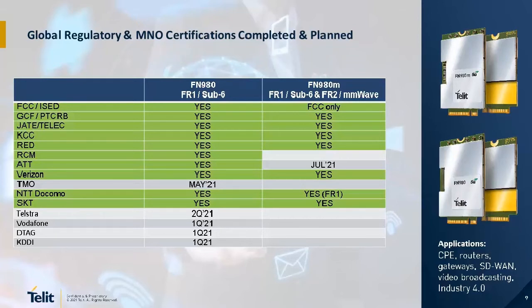So there's a lot of questions that you want to ask your module partner to make sure your module partner is aware of all these different nuances and is guiding you in the right direction. It's no longer just say, that is equal to this. I'm going to just use one product to get around the globe, and I'm going to get the lowest price. It's a lot more complicated from that perspective.